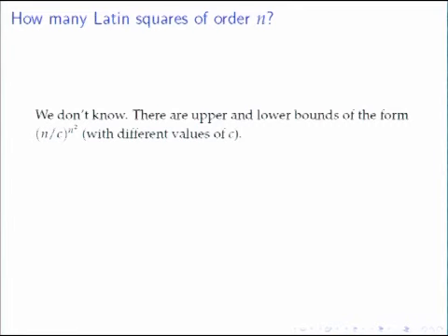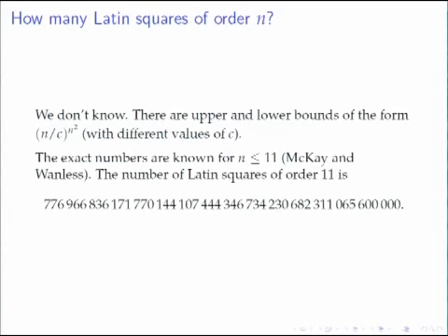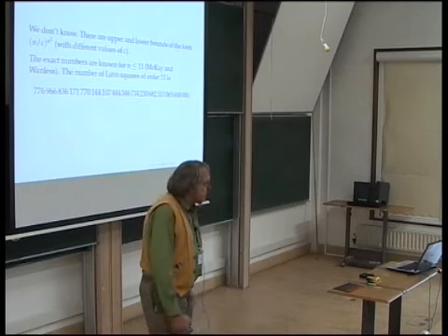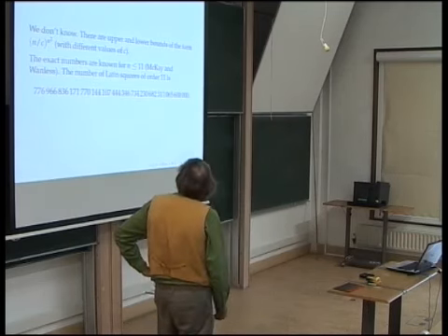Numbers are known up to 11: the number of Latin squares of order 11 is from Brendan McKay and Ian Wanless. But beyond that, it's not known exactly. Even the approximations are pretty rough. So, well, let's forget about that and think about, might we possibly choose at random?